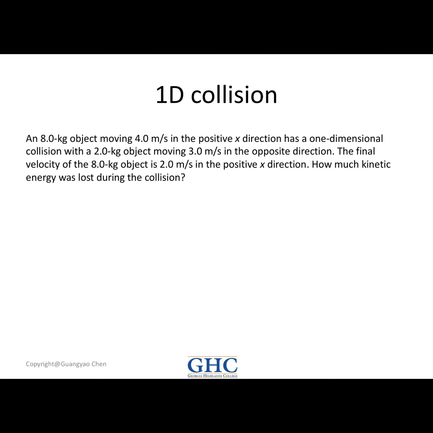Now, one more example. A two-body collision problem. You have m1, which is 8 kilograms. You have m2. So initially m1 moves 4 meters per second. m2 moves 3 meters per second. m1 is 8 kilograms, m2 is 2 kilograms.